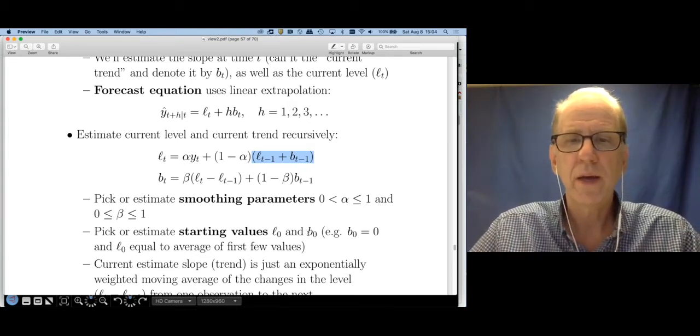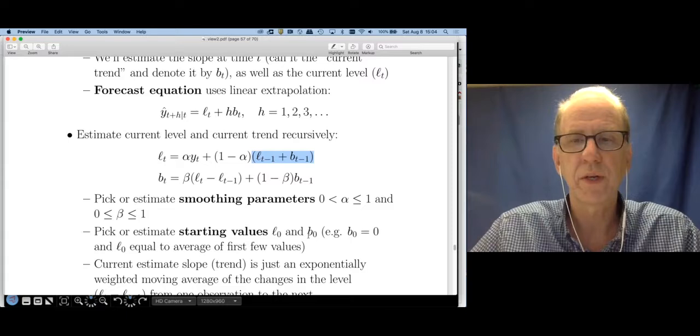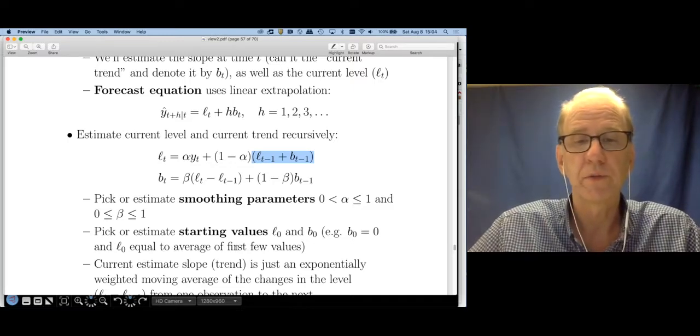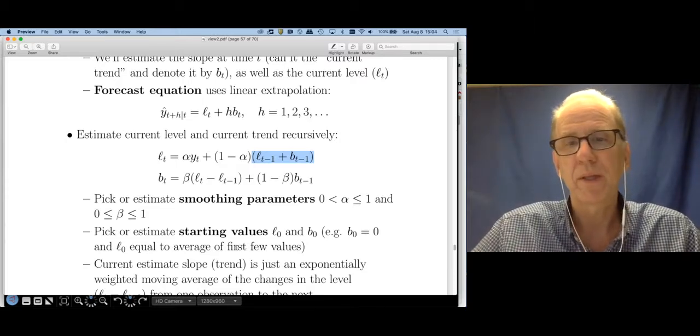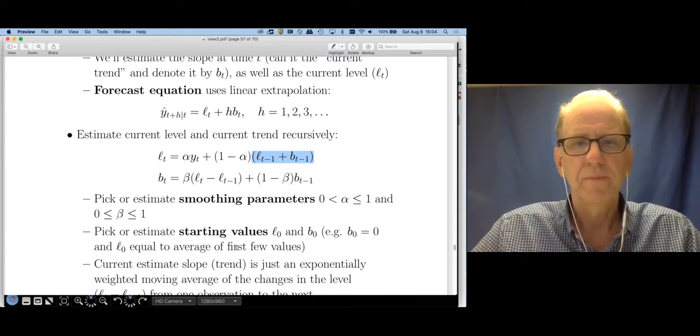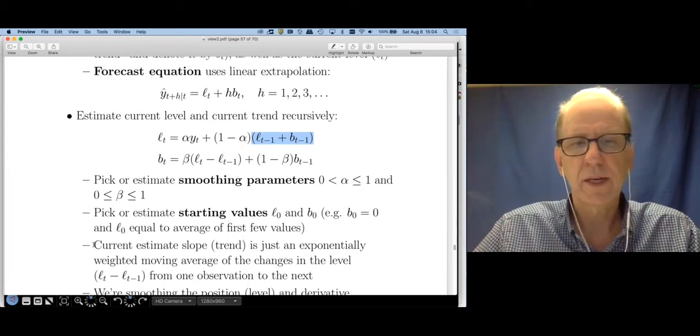And as I said in the previous lecture, you can either take some values for this. For example, you could just take a starting slope of 0 and take the starting level to be the average of the first few values. Or you could have them estimated by the model. By default, the model estimates them using least squares.